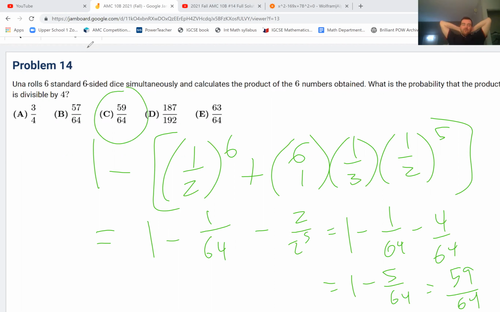So yeah, it's not that hard, but I will tell you that I did a lot of work that led me nowhere. Because I tried to solve it, instead of doing complementary, by building the probability: what's the probability of getting at least one 4 or at least two non-4 evens, so 2 or 6, right?